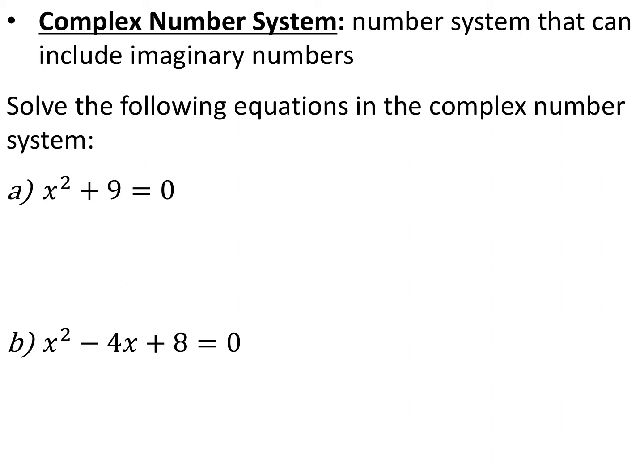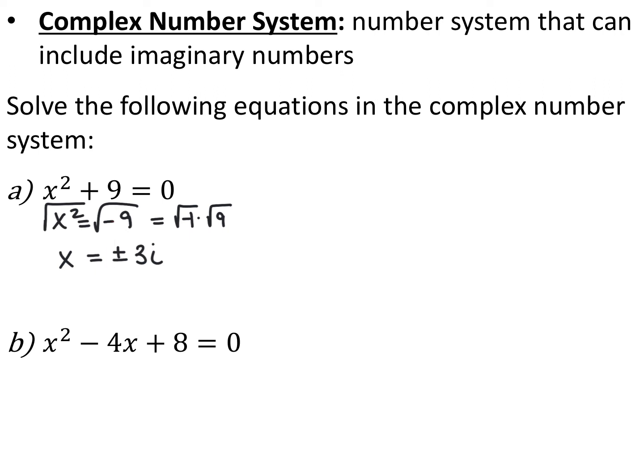The complex number system is the number system that involves imaginary numbers. So now we can talk about solving equations that in the past we've said there's no real solutions, and we can talk about their complex solutions. So for this first one, x squared plus 9 equals 0, solve that in the complex number system. So I moved the 9 over and got x squared equals -9, which in the past we would say no real solution.